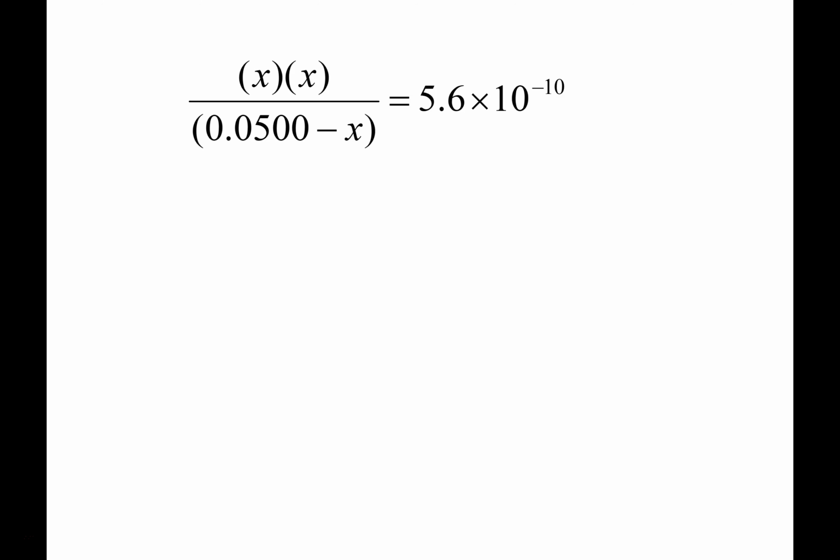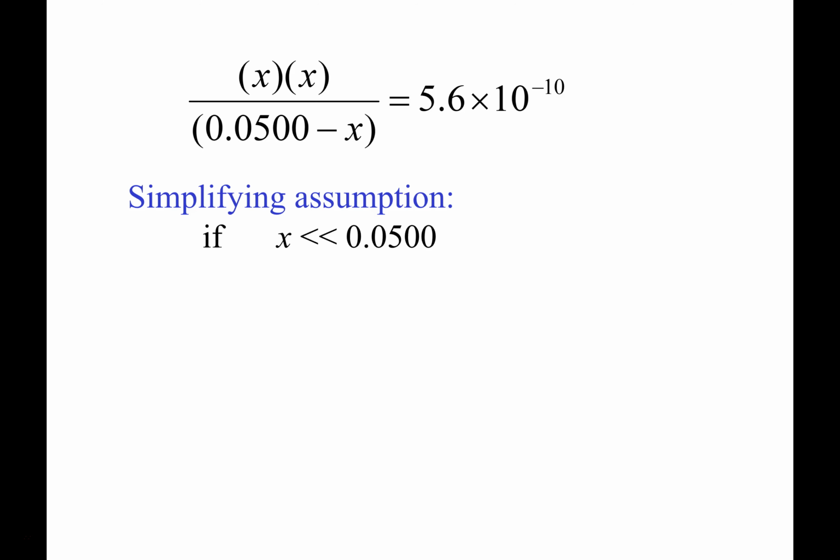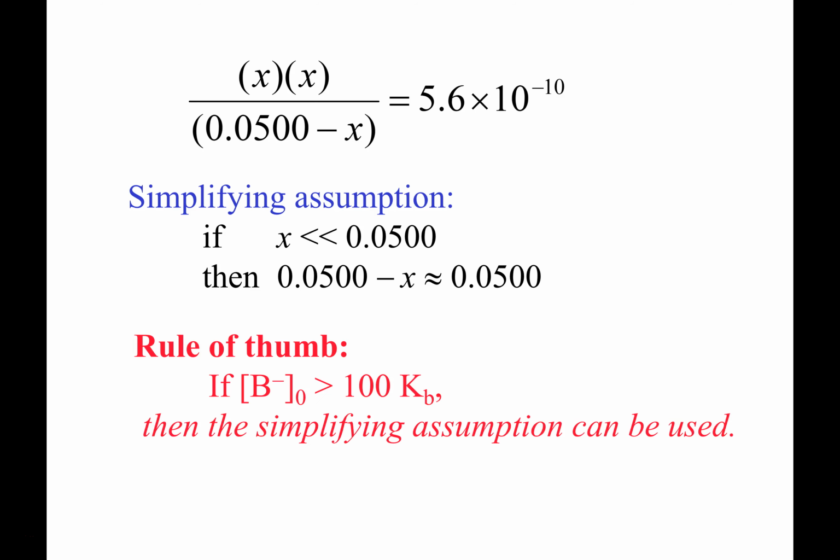If the amount that hydrolyzes is relatively low compared to the molar concentration it started with, mathematically, we're saying X is significantly less than 0.0500. If that's the case, then the quantity in the denominator becomes 0.0500. So life becomes a lot simpler.